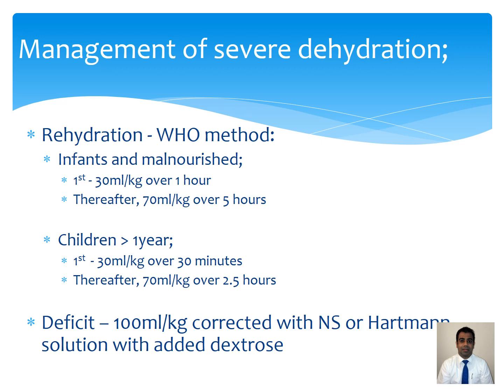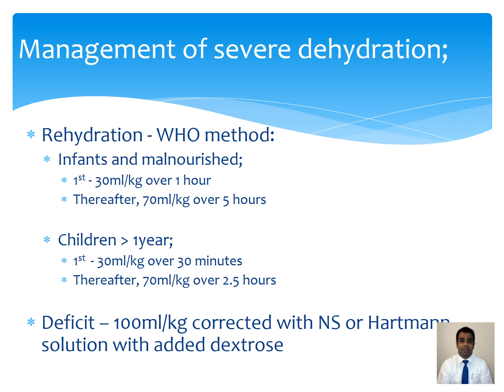We are calculating 10% dehydration, so that's 100 ml per kg. Out of that, the first 30 ml per kg is given over 1 hour, and the subsequent 70 ml per kg is given over 5 hours. So the total 100 ml per kg deficit correction occurs over 6 hours. That is in infants and malnourished children.